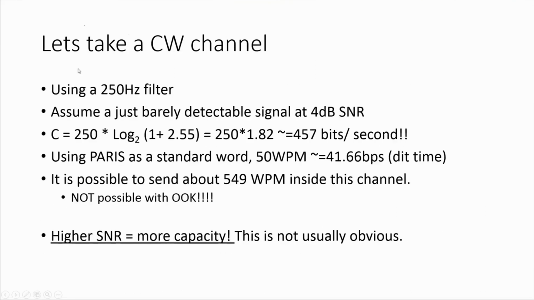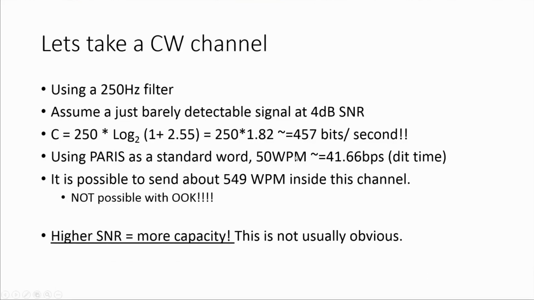Okay, so just an example, I took a CW channel. Let's say we have a 250 hertz filter, and we have a really, really weak signal, just about a few dB out of the noise. If you use the Shannon channel capacity theorem, we can stuff 457 bits per second in there. So 50 words per minute is 41 bits per second.